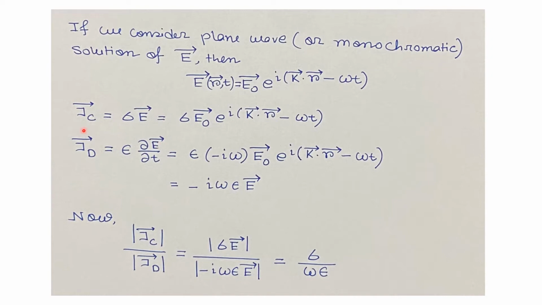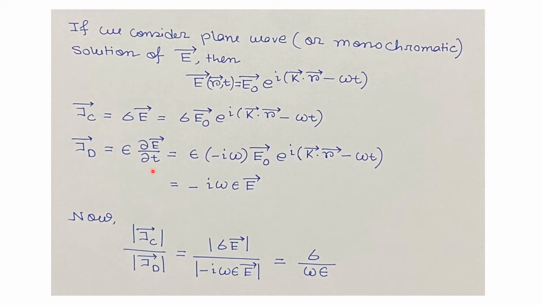Now the conduction current density J_C is given by sigma times E vector. Now we'll put this E vector expression in this equation. So we'll get J_C vector equals sigma times E naught vector times exponential of i (k dot r minus omega t). And the displacement current density vector will be given by epsilon times del E by del t.